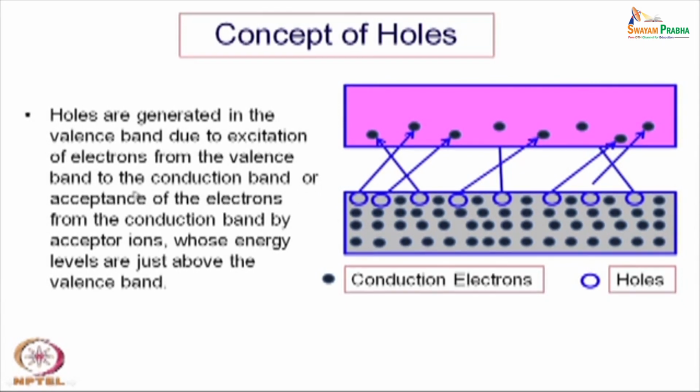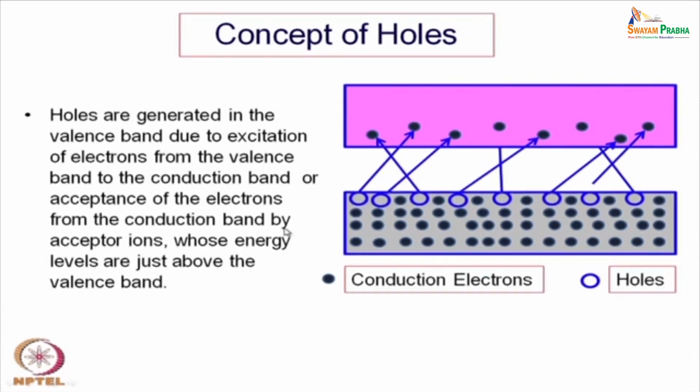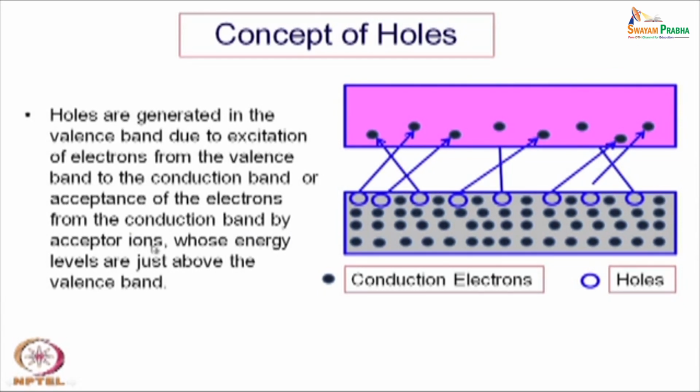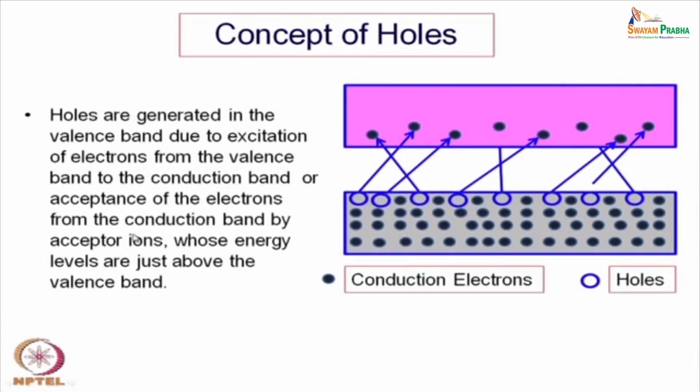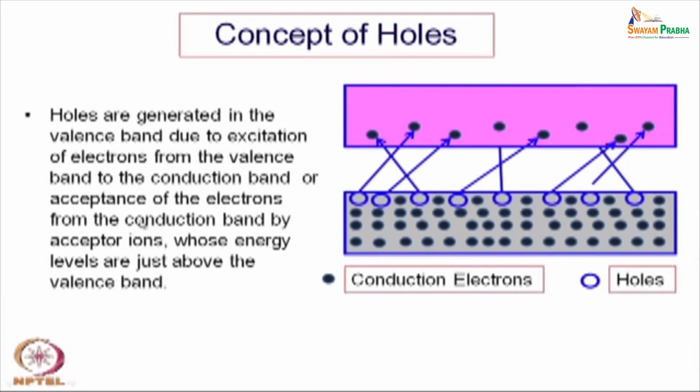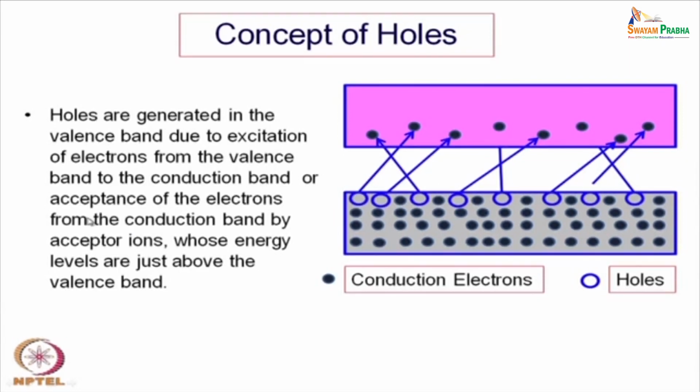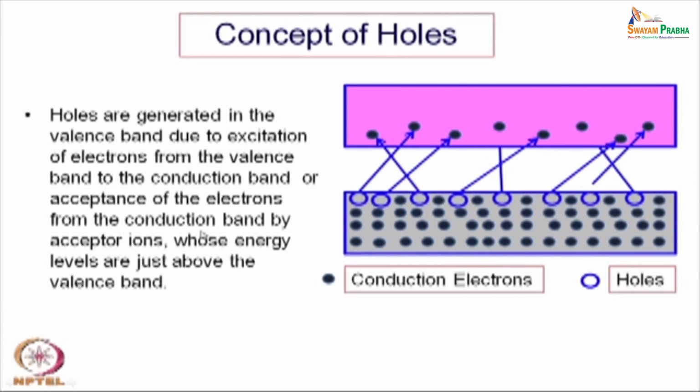So, that is what is mentioned here, the acceptance of the electrons from the conduction band by the acceptor ions whose energy levels are just, I am sorry, I think there is a mistake in this statement. For acceptance of the electrons, it should not be from the conduction band, it should be the valency band, I am sorry.